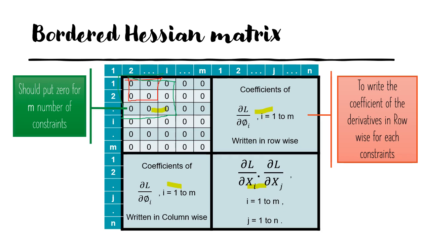The third segment has to be written column wise, so whatever we get here has to be written here in a column. And the last segment: we partially differentiate twice, and whatever value we get has to be included here. We will consider an example related to this and discuss it briefly.